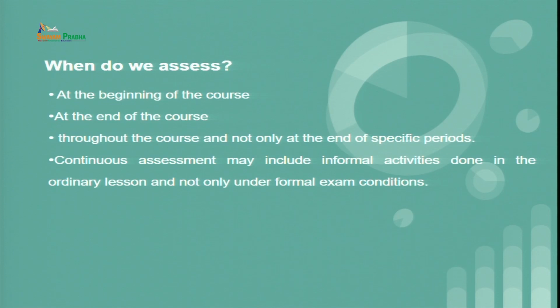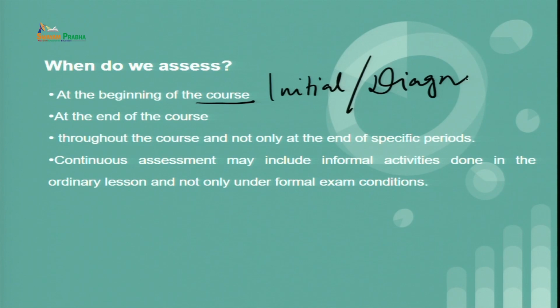As mentioned by the researchers, we often do assessments at the beginning of the course, which means we may do it as initial assessment or diagnostic assessment to help learners and teachers identify their strengths and weaknesses.